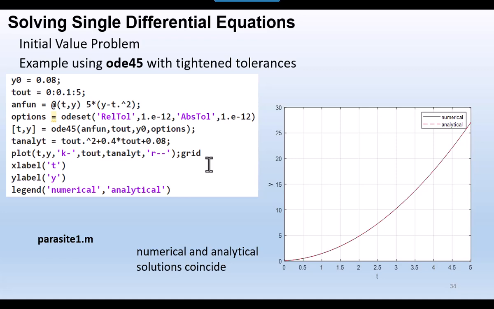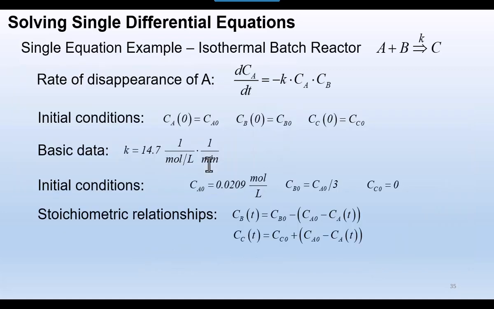Okay? So now we're going to move on and look at more of a chemical engineering example from reactors and reaction kinetics, and that is denoted here. It is a fairly simple example, which we will expand later on.